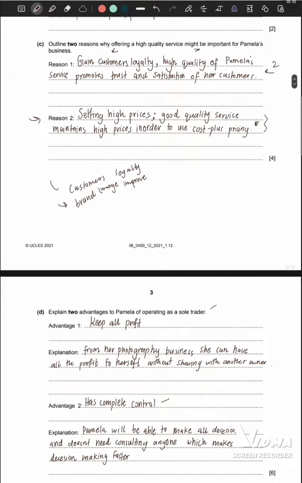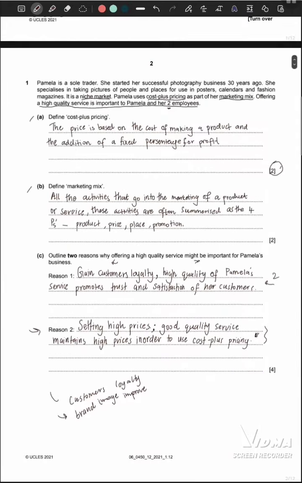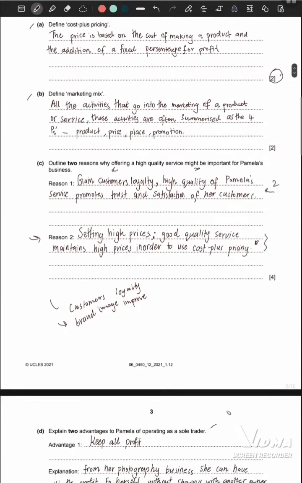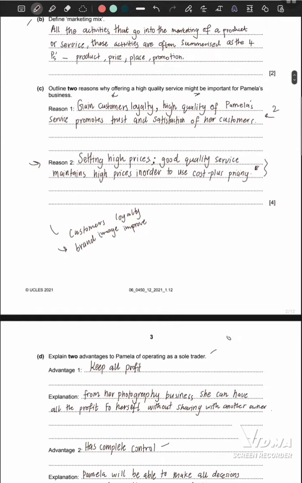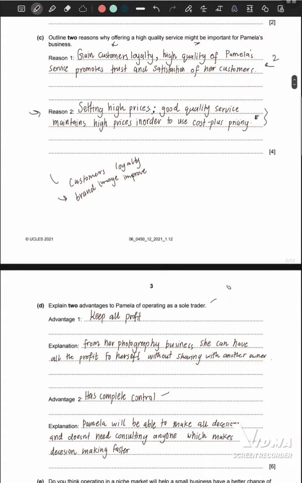Obviously, since she's the only owner of this business, and as we mentioned here, she has 2 employees only, she basically has complete control. When making decisions, she'll make all the decisions and doesn't need to consult anyone, which makes decision making faster and easier.